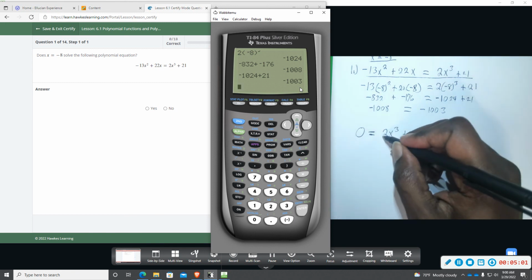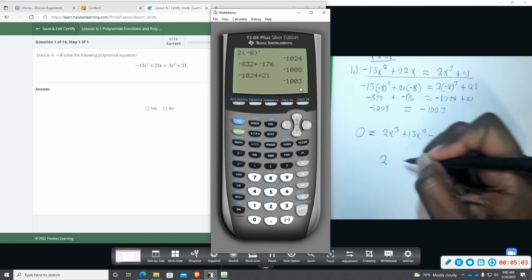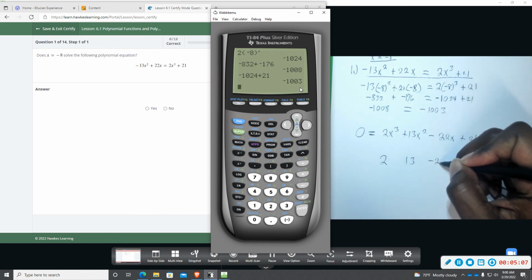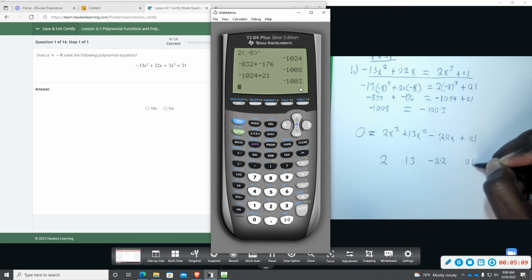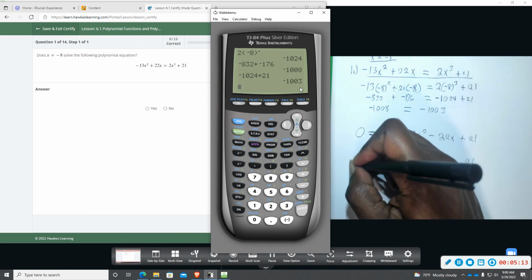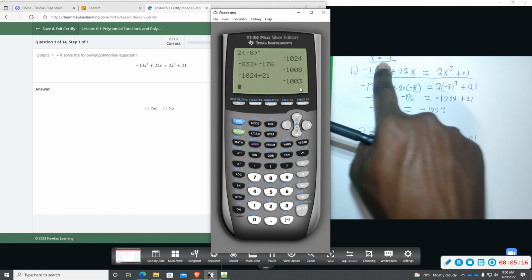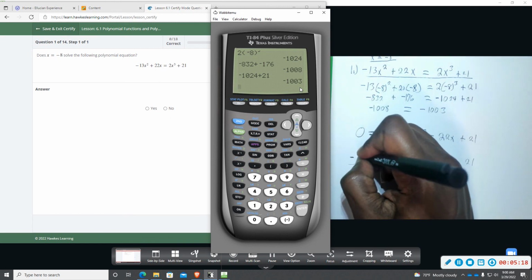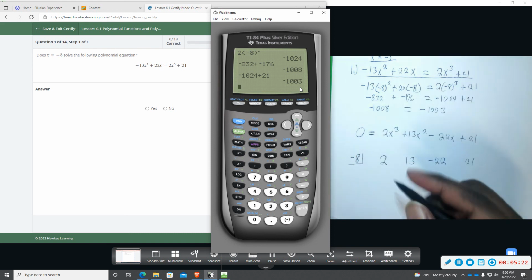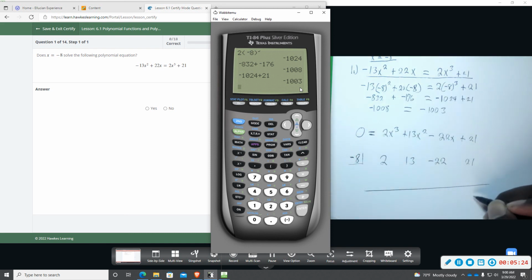You're going to just list the coefficients only. 2, 13, negative 22, and 21. And then the number, which I call a box number, is the number that they gave us to use, which is negative 8. And we're looking to see that at the end, do I get a 0? So I'm looking for this number to be 0.